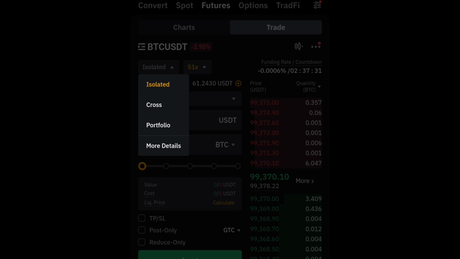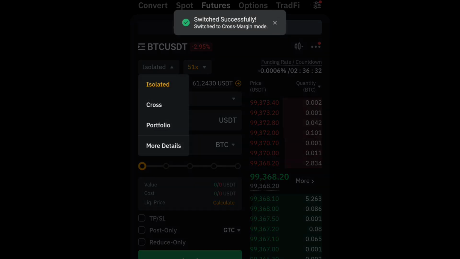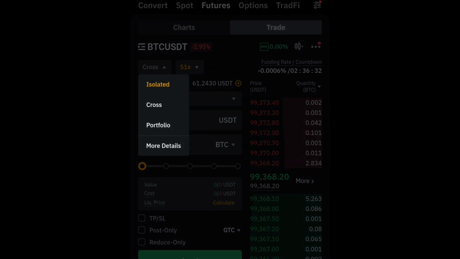So for further explanation, we'll go to where you see cross. Let's click on it again. You will see isolated, cross, and portfolio. Let's start with cross.